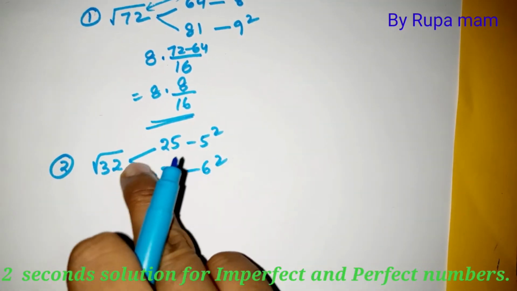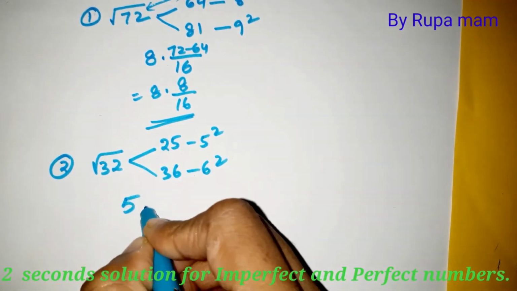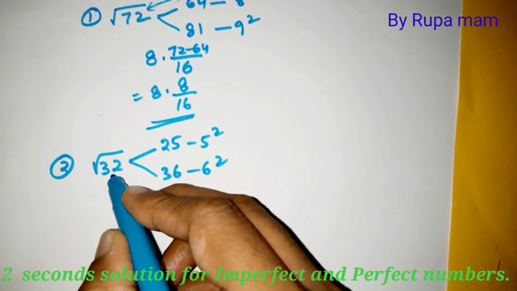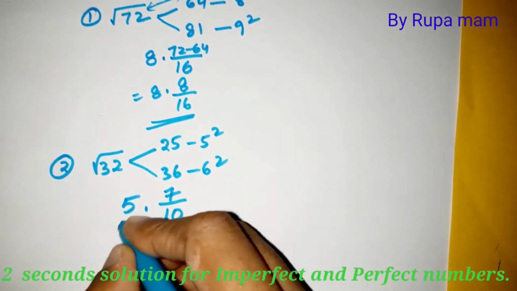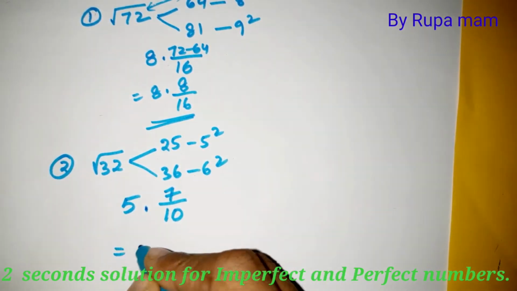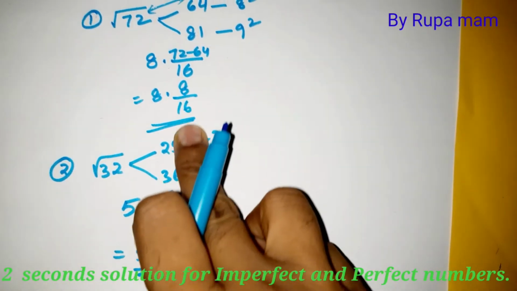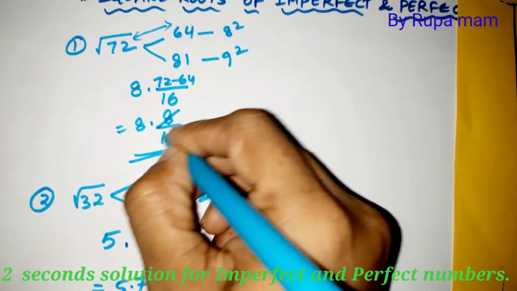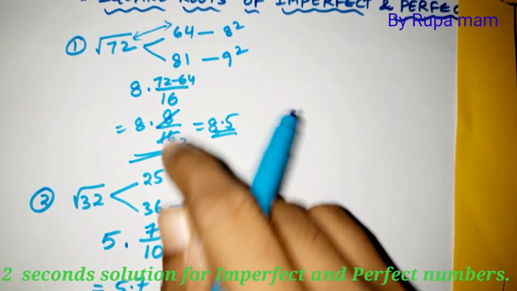Here 25 is lower than 32, that's why I am taking 5. 5 double is 10, and the difference of 32 minus 25 is 7. So 5 and 7 by 10, or we can write it as 5.7, is the answer for this question.